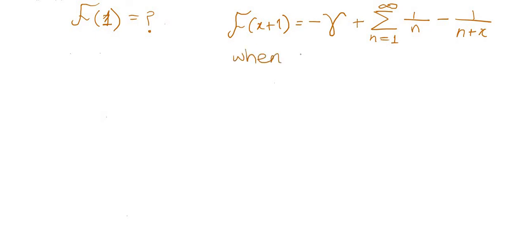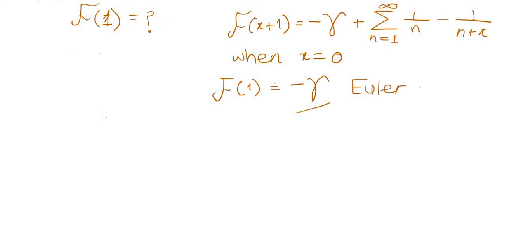So when x equals 0, digamma of 1 is equal to just this constant, and when x is 0, this is going to be 1 over n. 1 over n minus 1 over n is 0. This whole thing disappears, and this constant is the famous Euler-Mascheroni constant.